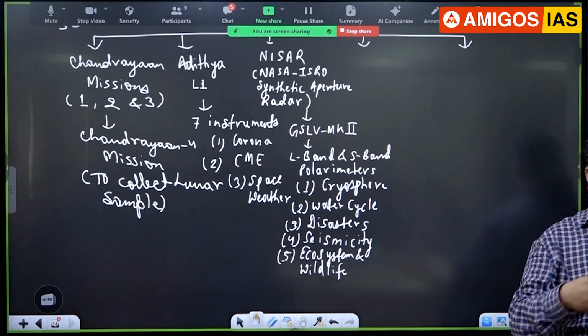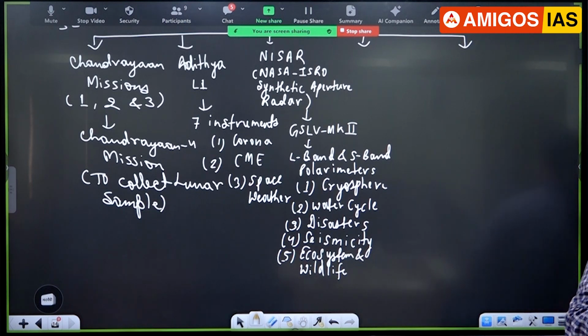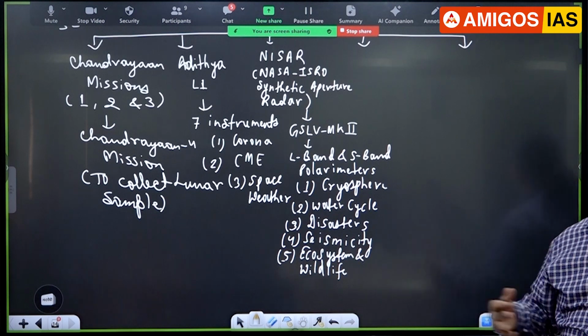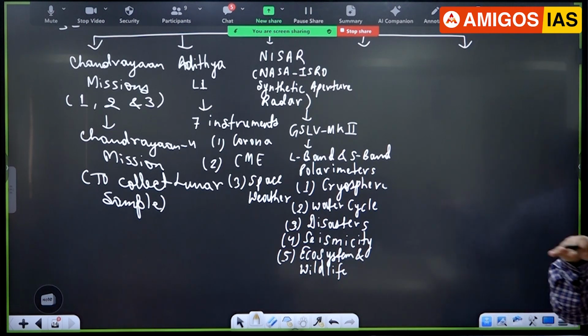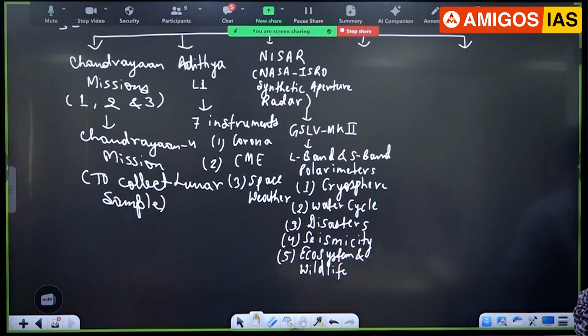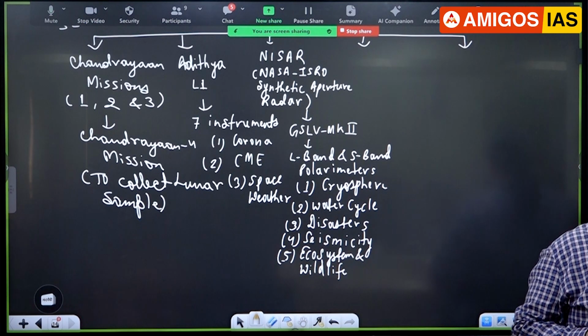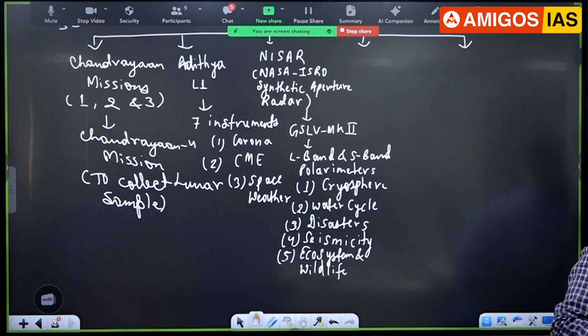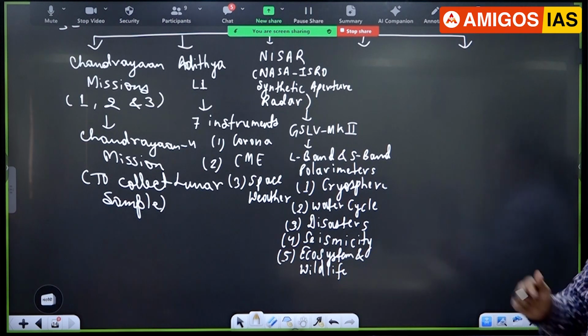Third will be disasters, natural calamities, forest fire, landslide, earthquake, flood, drought. Fourth will be earthquake, changes in plate movement. And the fifth one is how forest and grassland are changing because of changes in the environment, and how that impacts the biodiversity part of it. These are the 5 objectives of the NISAR mission that we are planning there.